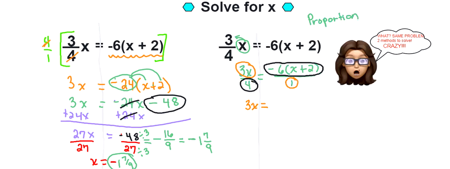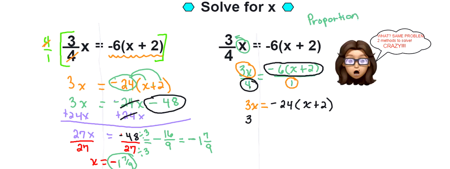Well, 4 times -6 is -24. And then I still have the quantity x plus 2. You guys see what I did there? A +4 times a -6 is a -24.